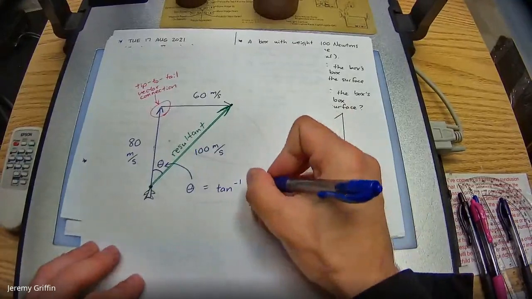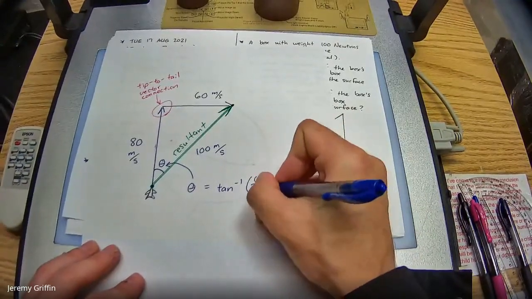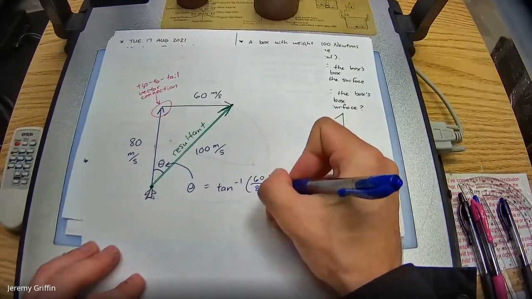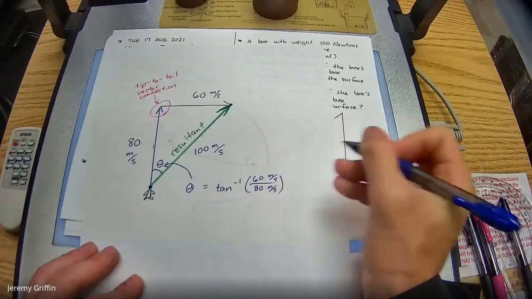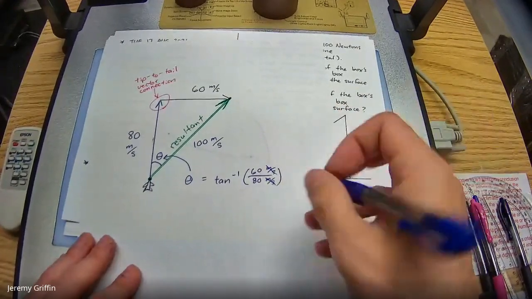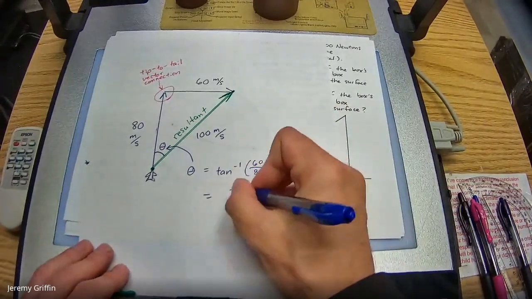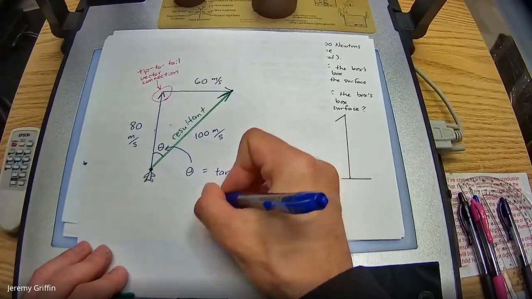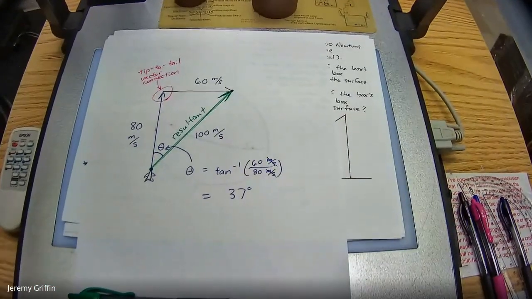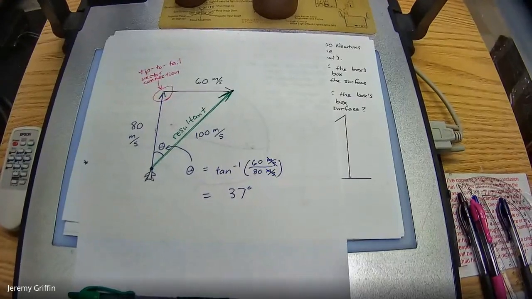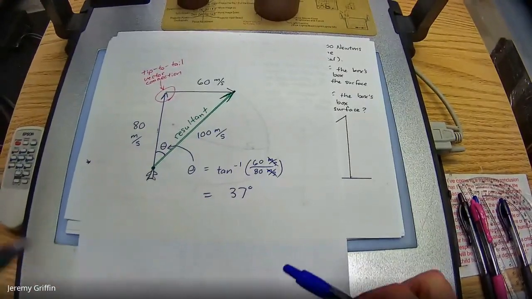Nita's saying inverse tan of opposite over adjacent. So 60 meters per second over 80 meters per second. Now, of course, the units cancel out, but good practice time. Yeah, that'll give you about 37 degrees. This is flying 37 degrees east of north. Okay. Good point. Right. Yes, sir?